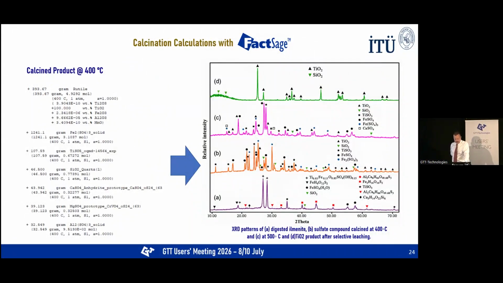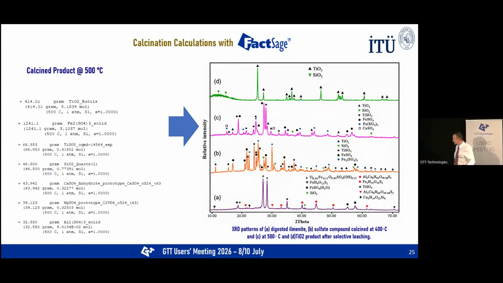At this temperature, FactSage predicted that the titanium oxysulfide would only partially decompose while iron sulfide phases remained stable. Well, we did the same calcination process at 500 degrees Celsius. Then there was extensive decomposition of titanium oxysulfide and formation of titanium oxide, while all iron sulfides still remained available for the subsequent leaching process.